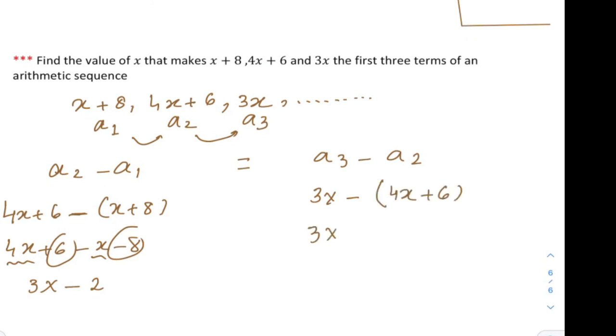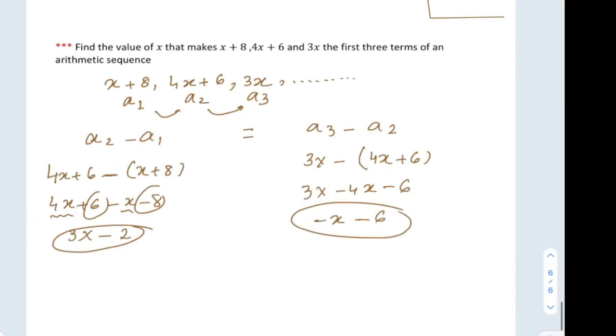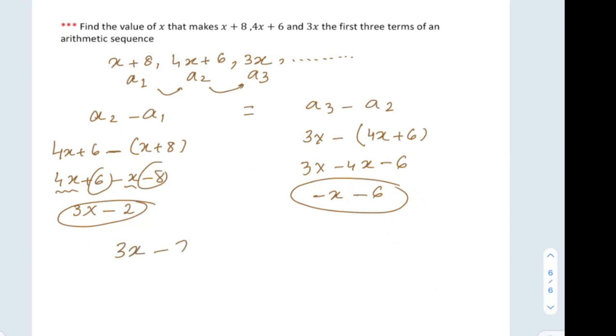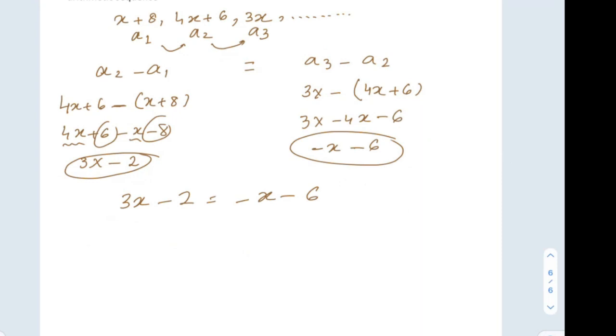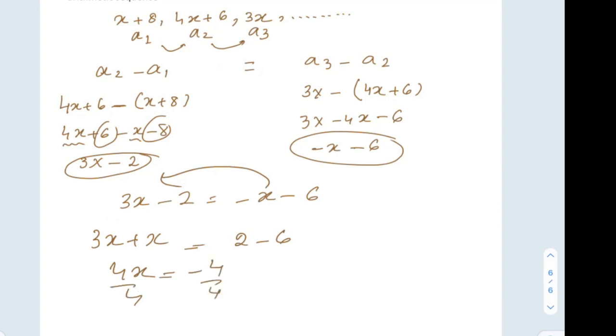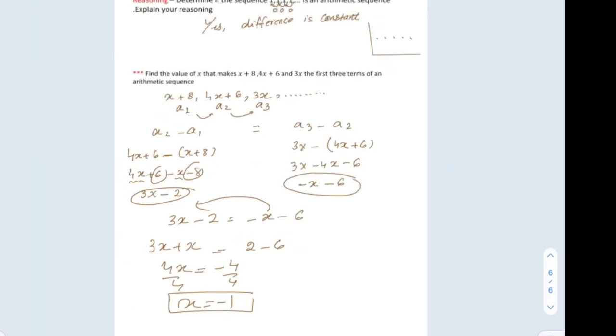So it is 3x minus 4x minus 6, which is negative x minus 6. Now we have to make them equal to have an arithmetic sequence. Solve the equation with variable on each side. So here we have 3x plus x equals negative 2 minus 6, wait, 3x plus x equals 2 minus 6. 4x is negative 4 and x is negative 1. So this is the value of x.